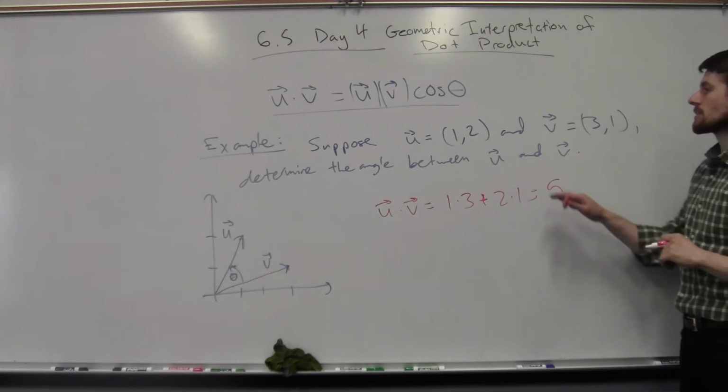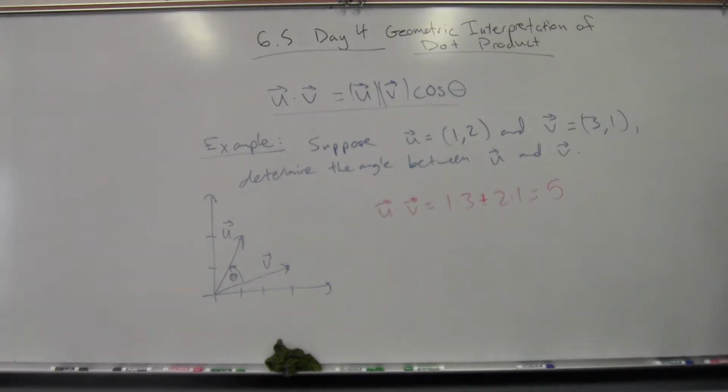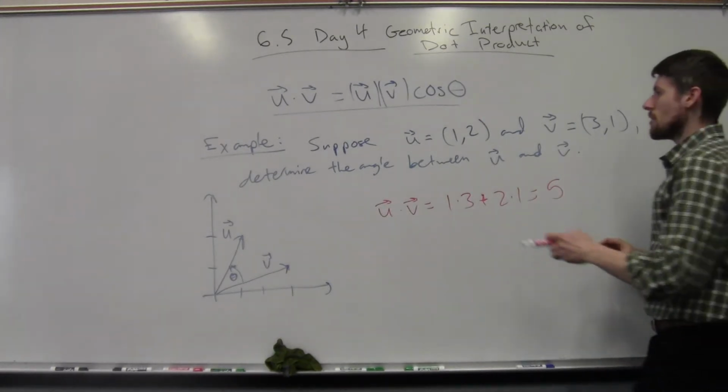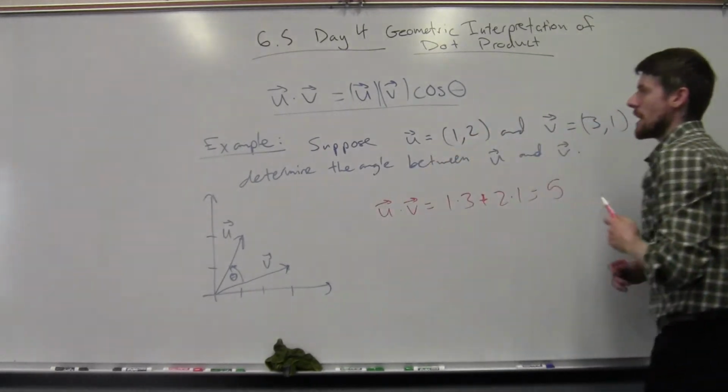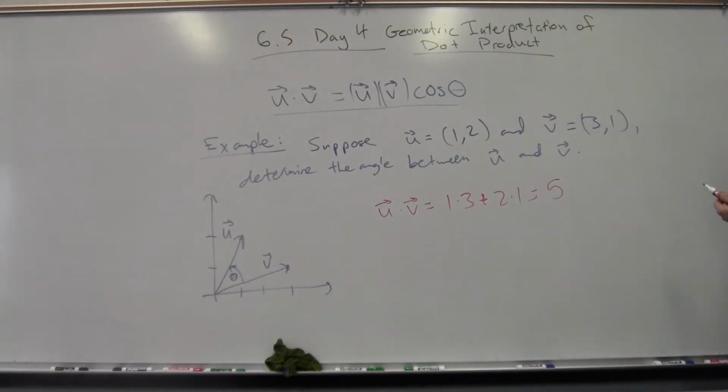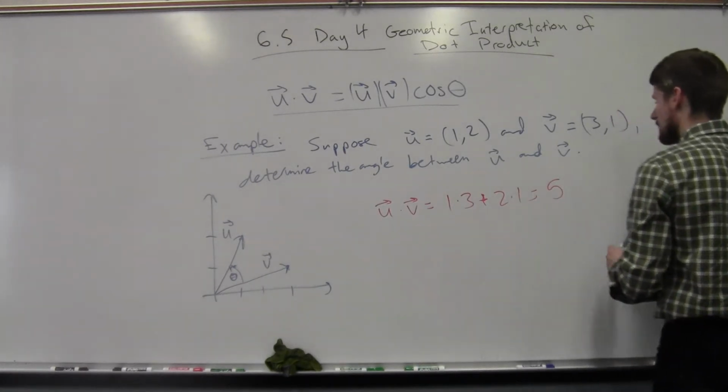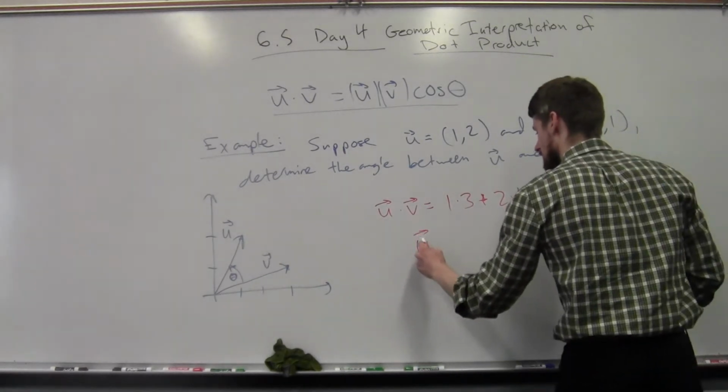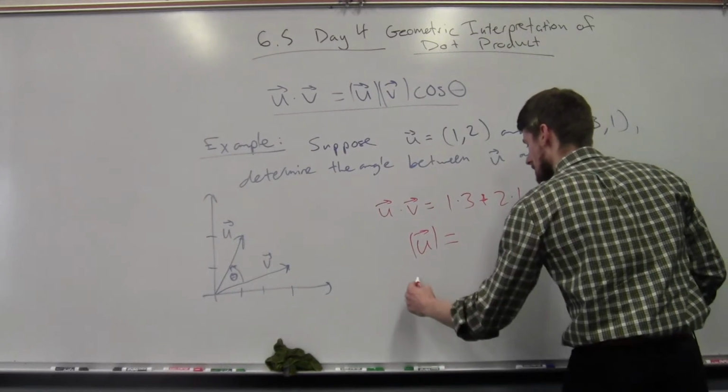So there's the dot product between u and v. It's 5. And we know that this equals the magnitude of u times the magnitude of v times cosine of theta. So we need to find the magnitude of u and the magnitude of v.